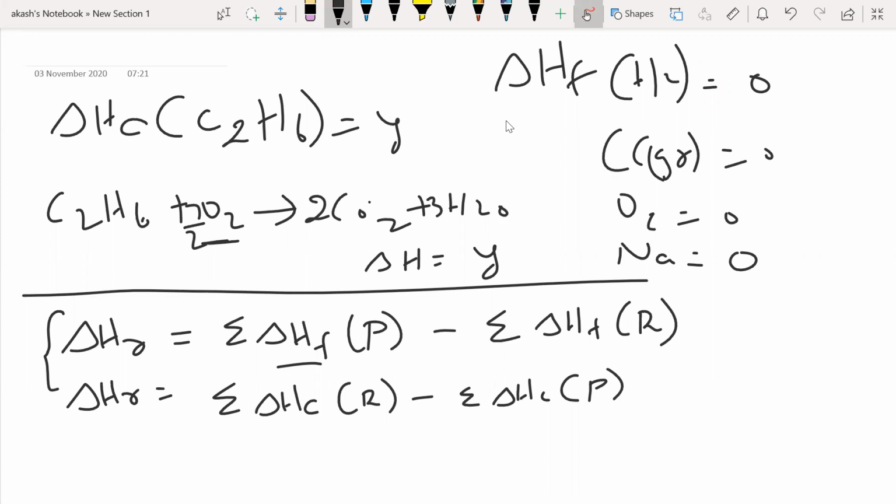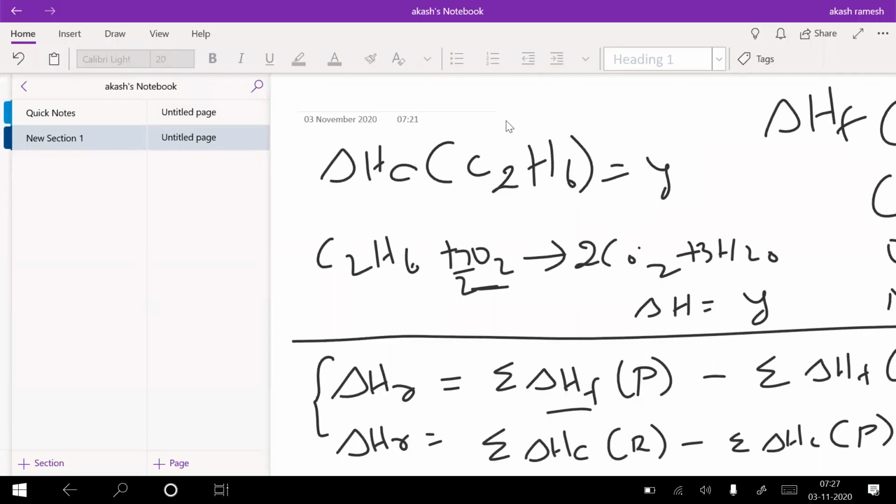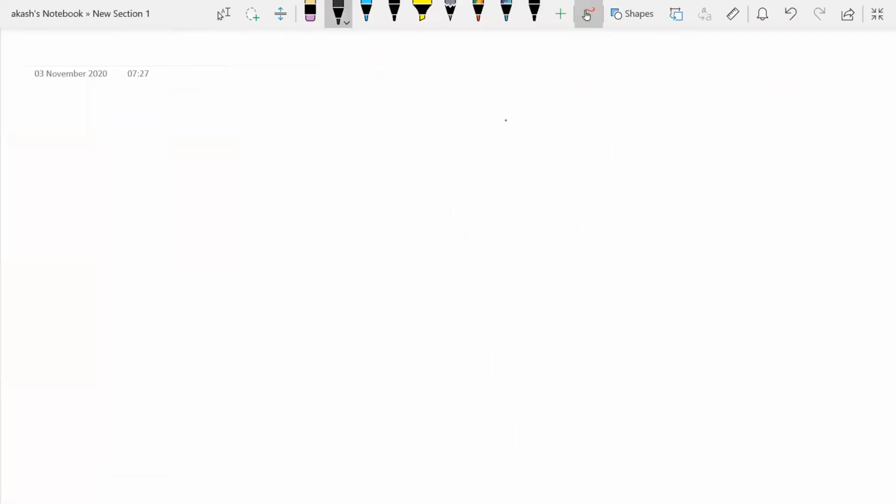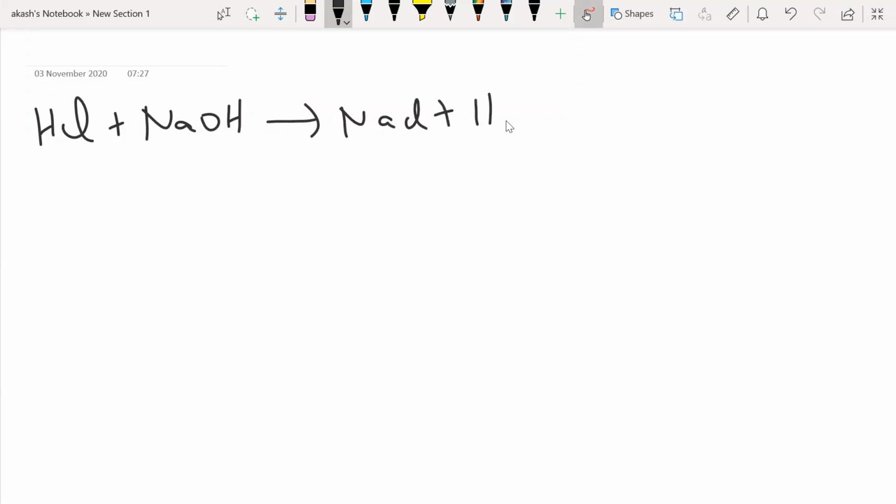How am I going to find the overall enthalpy change for the reaction? So let me add a page. Okay, fine. So let me write the equation again. So I have HCl plus NaOH gives NaCl plus H2O.